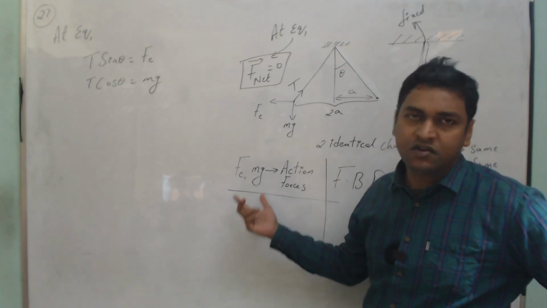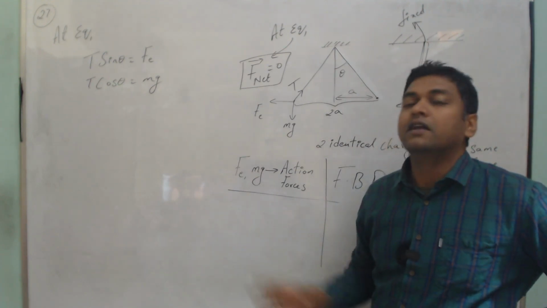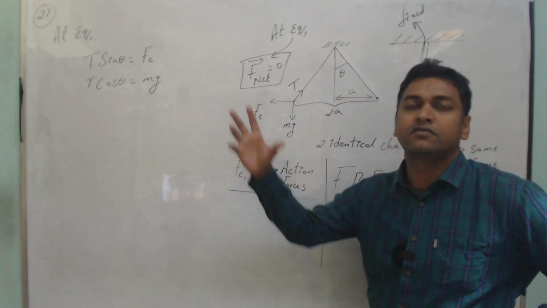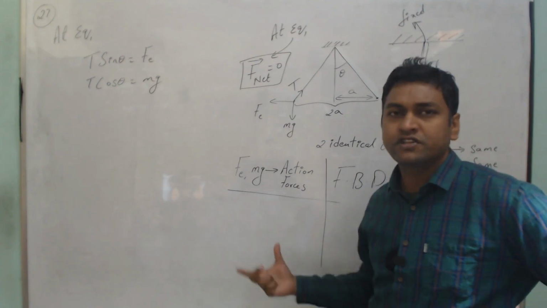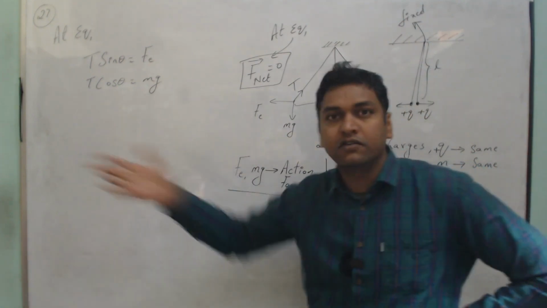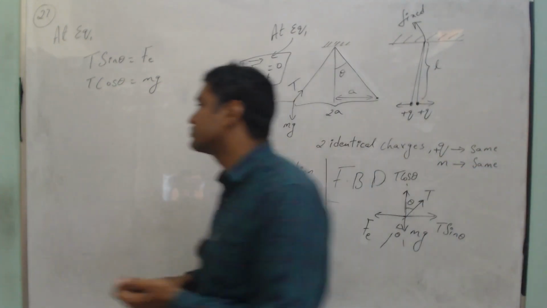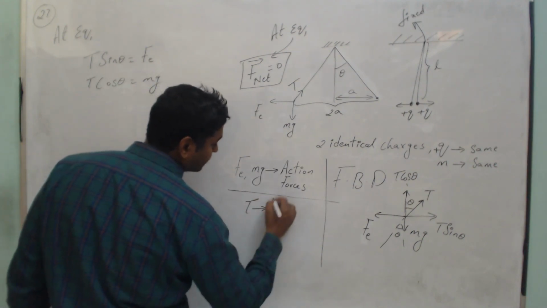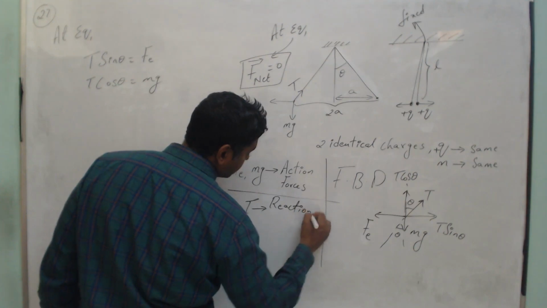These forces are not generated because of some other force, right? Yes, sir. Electrostatic force is a fundamental force, gravitational force is a fundamental force. These forces are present in nature and are not generated due to some other third party force, correct? Yes, sir. The other force which is present over here, which is the tension force, I can call a reaction force, right? Yes, sir.